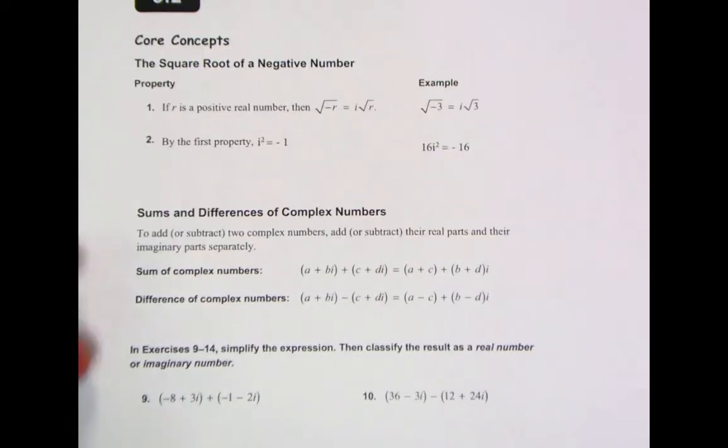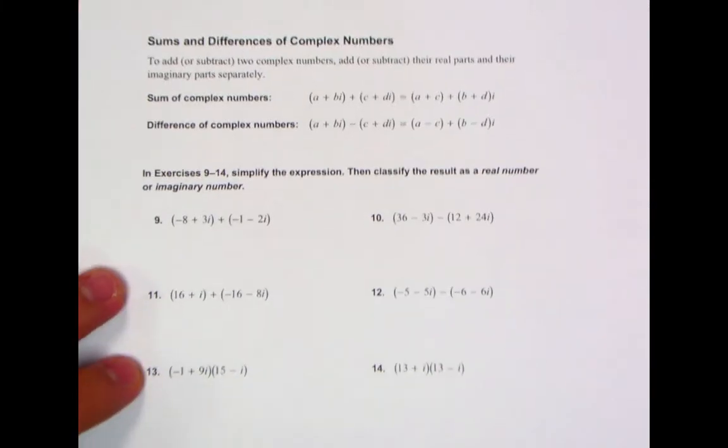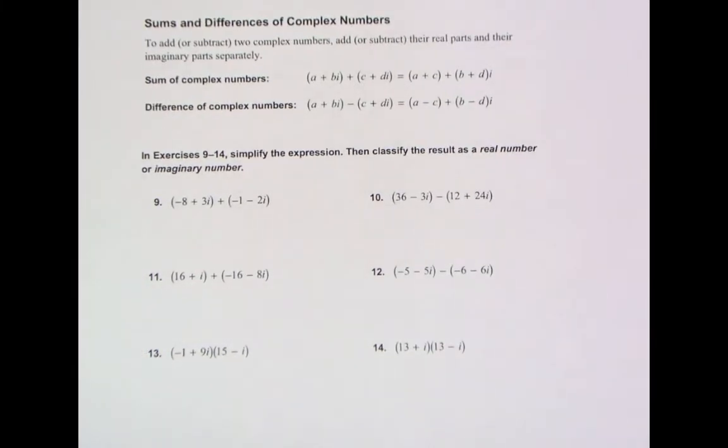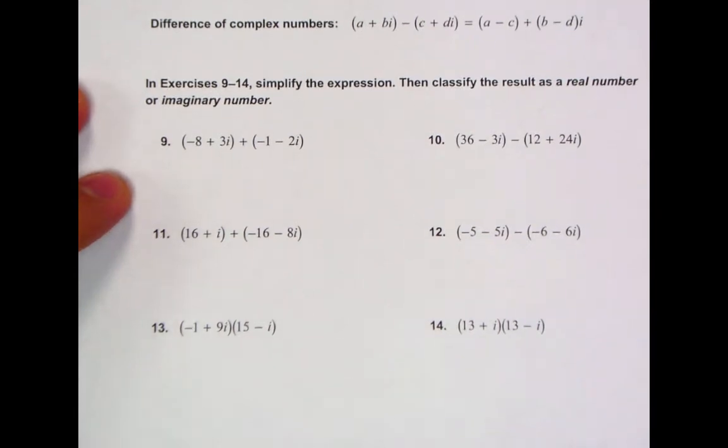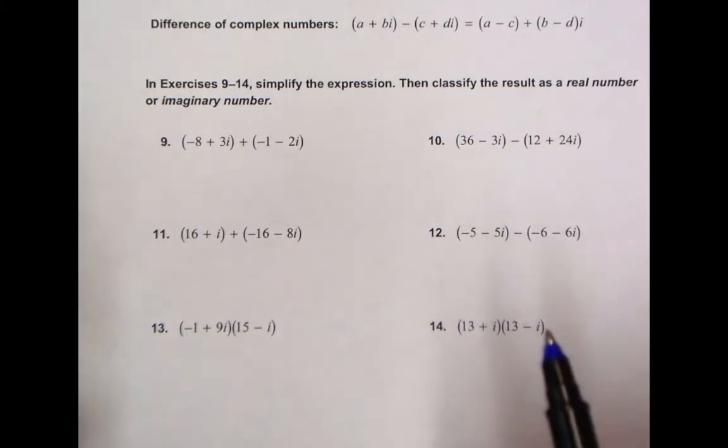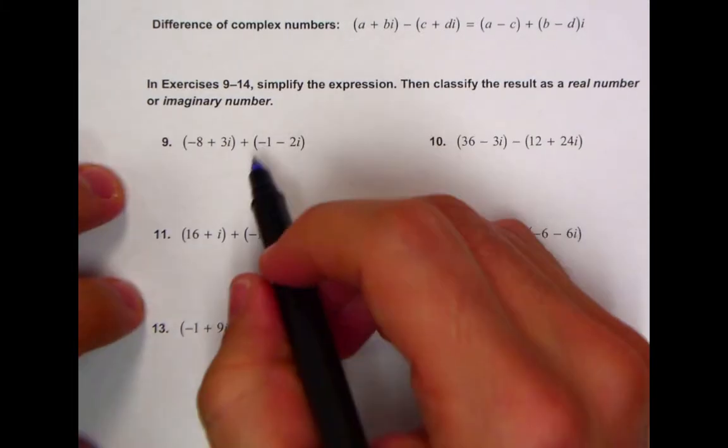So down here is what the problems look like. Zoom in here. Okay. So like I said before, what's nice about this is you can literally place this in the calculator. I'm going to do the first one by hand, but then show you how you can just do this in the calculator.